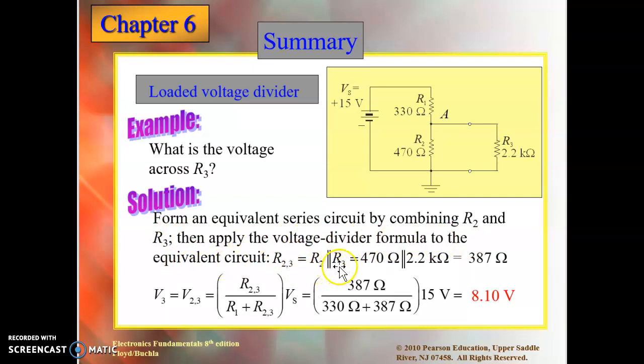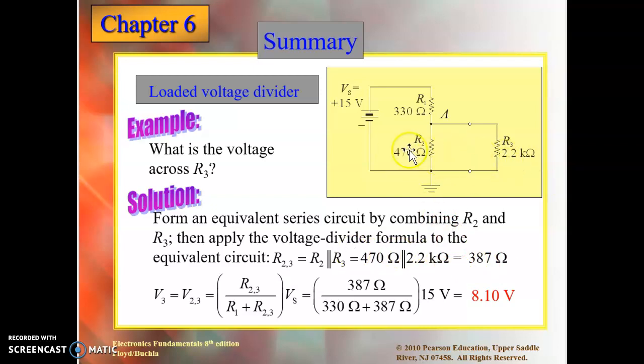R2 and R3 are in parallel. So we have 470 times 2200 divided by 470 plus 2200 kilo ohms. So we get 387.